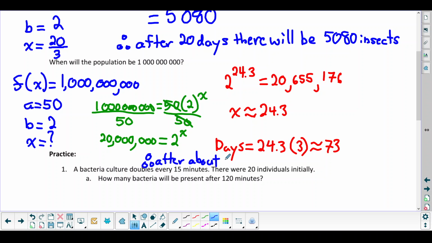Just because you're approximate doesn't mean you don't have to be close. You still want to be close. 73 days, there will be 1 billion insects.